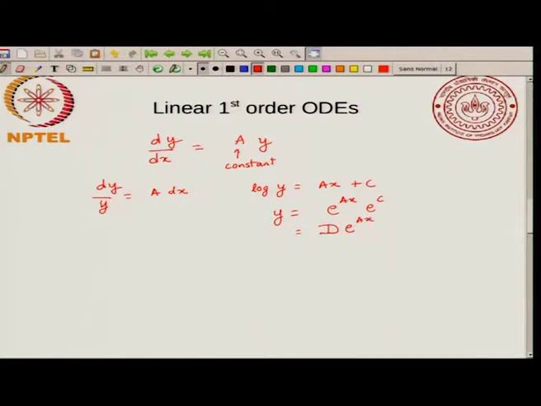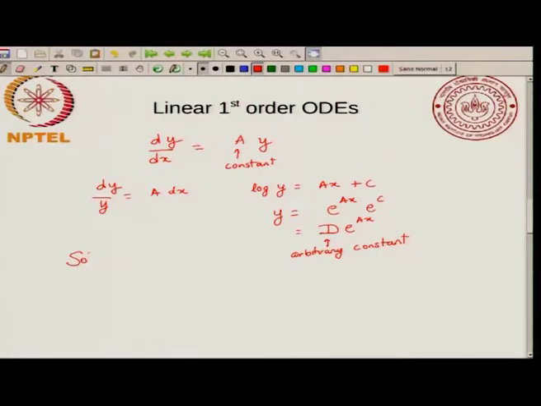So, y is d times e raised to ax, where d is an arbitrary constant. Okay. So, in other words, for a linear first order differential equation, the solution is exponential.